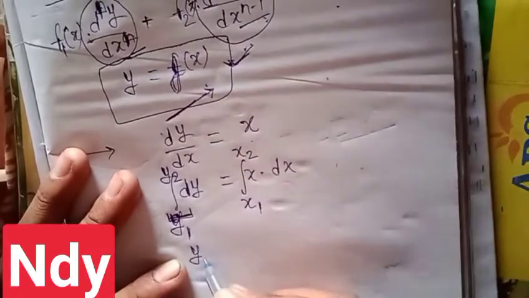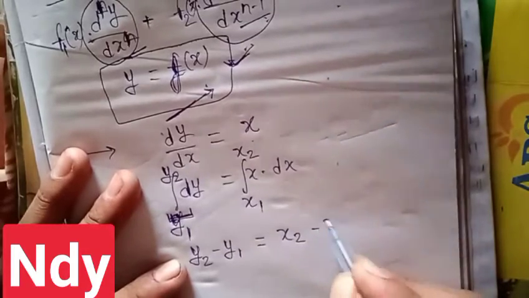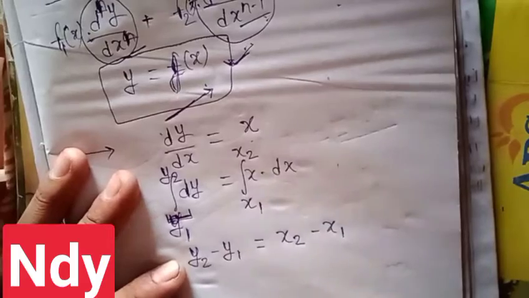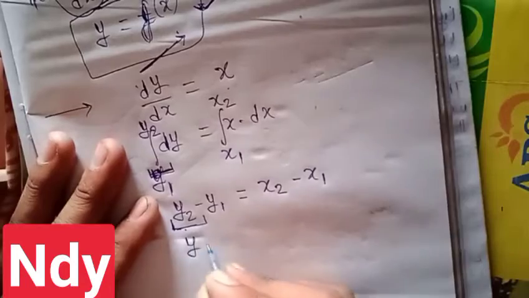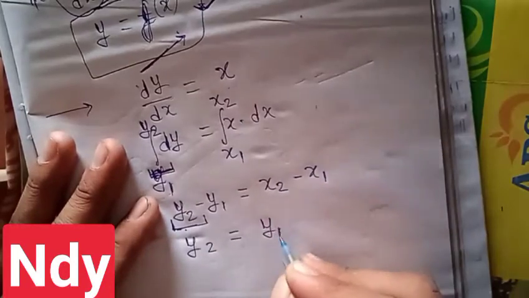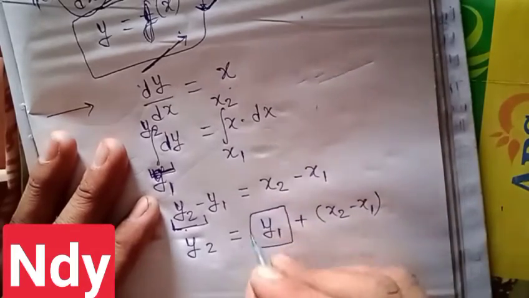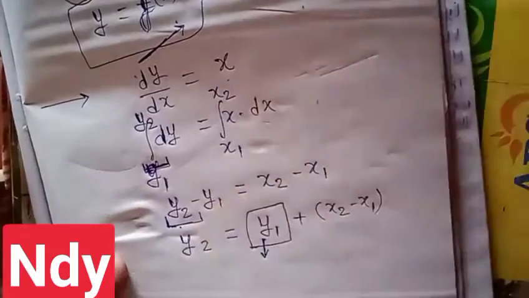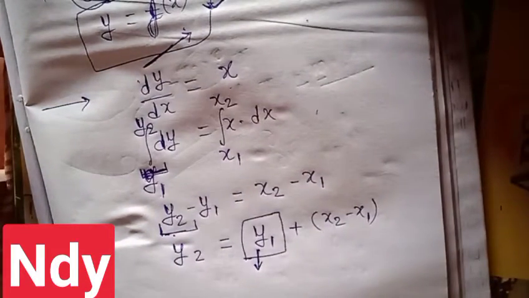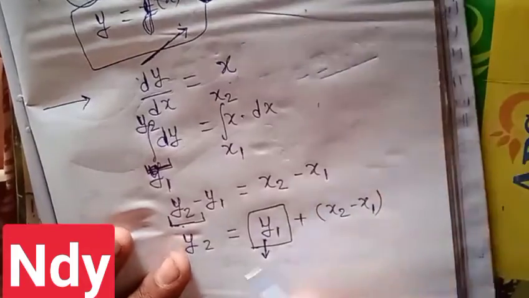So this is y2 minus y1 is equal to x2 minus x1. So the value of y2 will be y1 plus x2 minus x1. What does this mean? This means we need the value of the dependent variable at one more point, that is called the arbitrary constant.